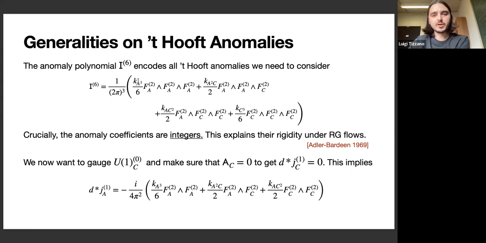We have the A cubed anomaly, the C cubed anomaly, and then we have 2 mixed anomalies that involve A and C. And crucially, as we all know, these anomaly coefficients are all integers. And this is a very important fact, because it explains that anomalies are rigid under RG flow. And this indeed was discovered already a long time ago by Adler and Bardeen, who showed that anomalies are one-loop exact.